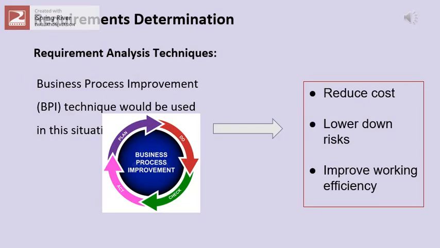The analysis technique we chose for the project is the business process improvement technique. During a BPI process, duration analysis and activity-based costing will help them come up with a more efficient and effective to-be system.